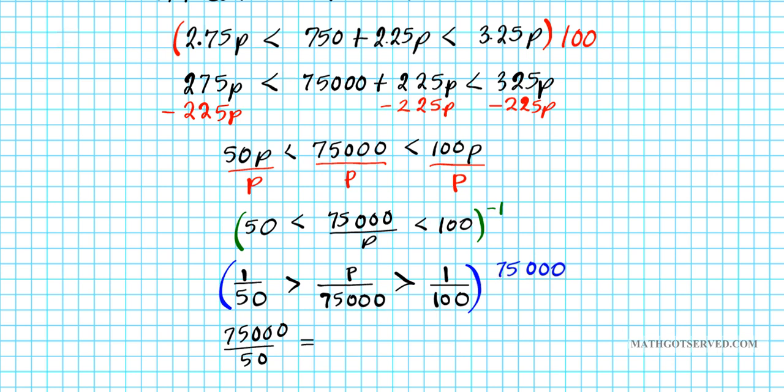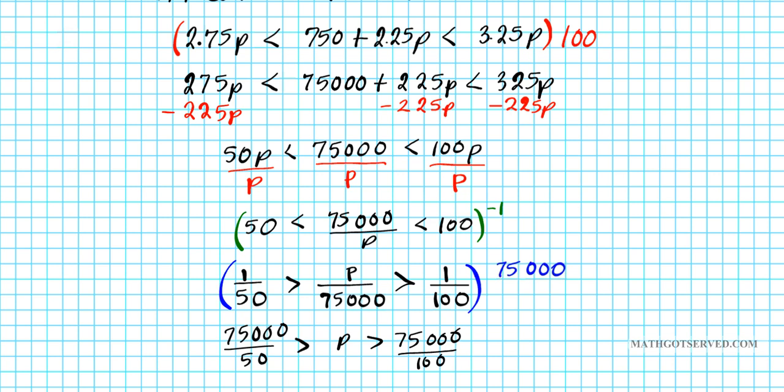Ooh, it's not equal to, it's greater. So p is greater than 75,000 over 100.